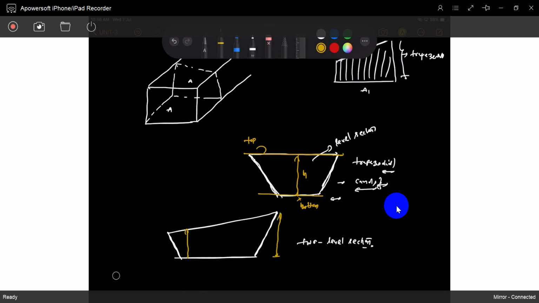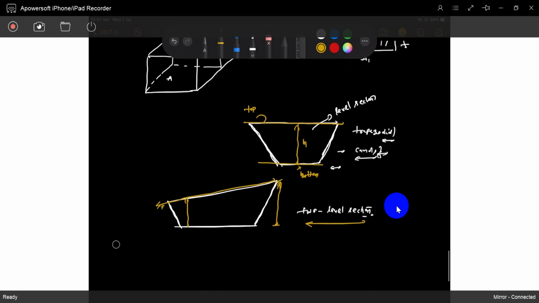From one point to another point it maintains some slope, so that is called a two level section. Maybe if there is a retaining wall, or for some different purposes on the ground, you have to maintain it like this to reduce the earthwork. In this section you can maintain from this level also, and it is also safe.